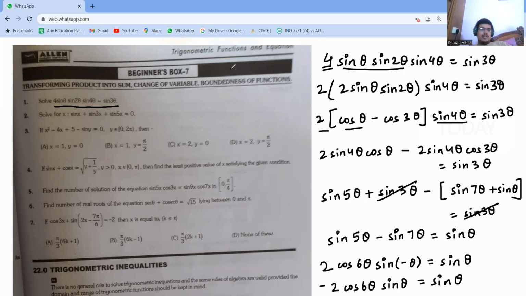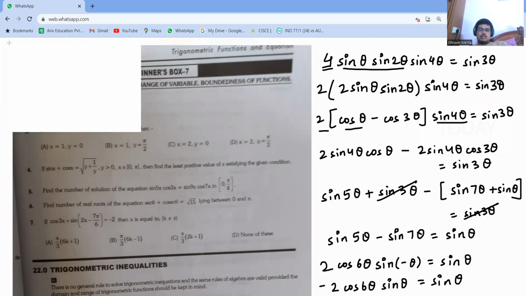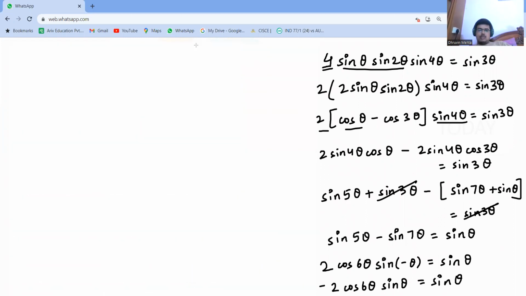What do you think we should do in the next step, guys? Yes, Muskan, Trisha. See, I'm taking everything on the same side. We will get sine theta plus 2 cos 6 theta sin theta.